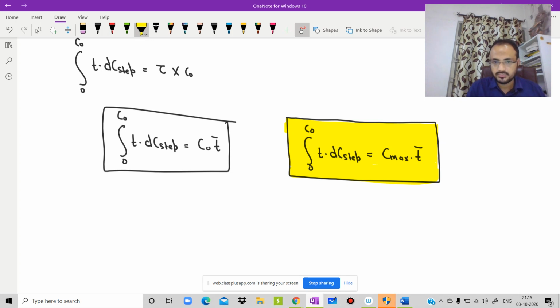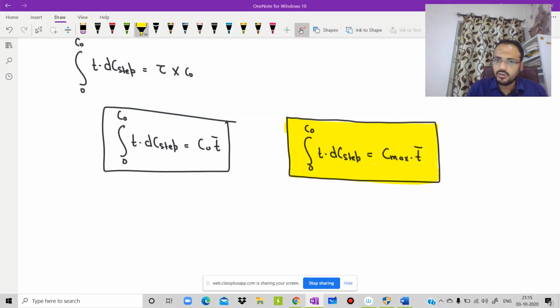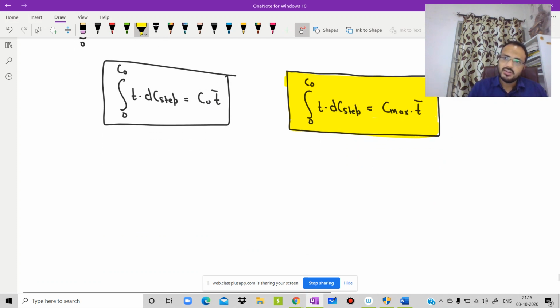Very good. Some students are busy with their mathematics, no problem. Is it clear? The integral from 0 to C naught of t into dC step is equal to C max into t bar. This is equation 4.